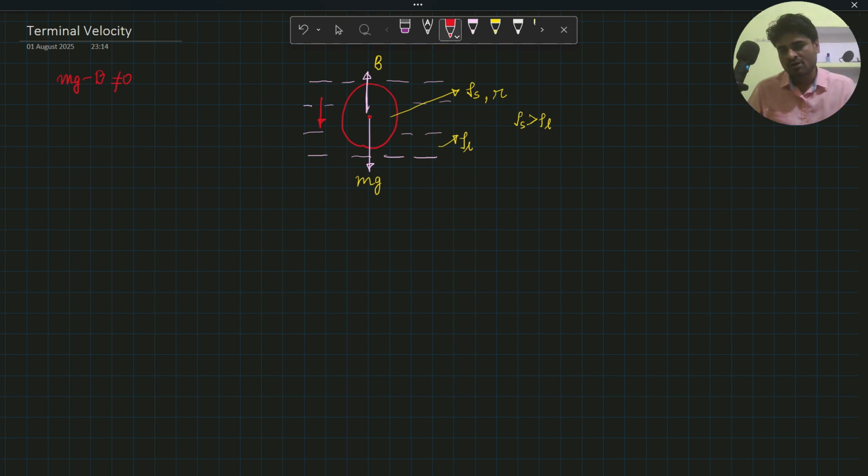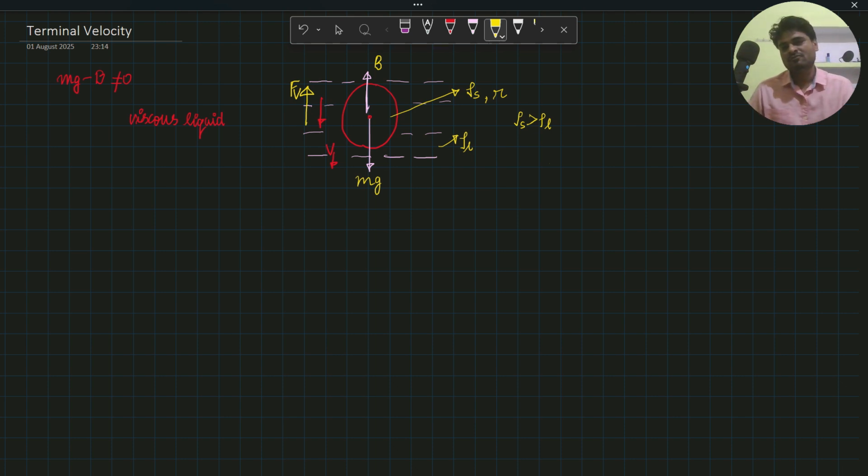And because this liquid is a viscous liquid, as soon as this ball gets a certain velocity v downward, a viscous force starts acting on the ball, which is always opposite to the direction of velocity.